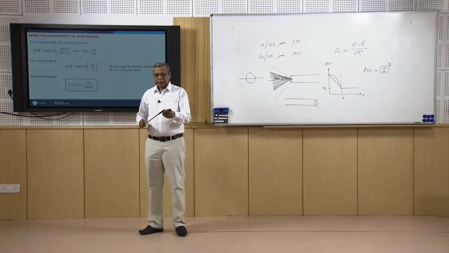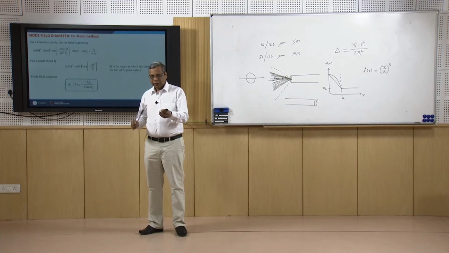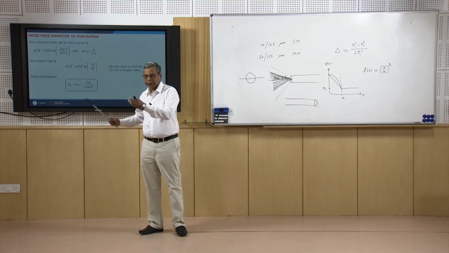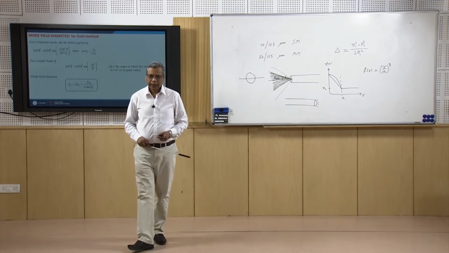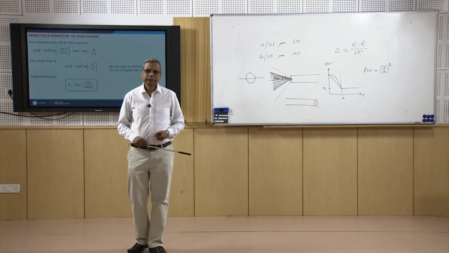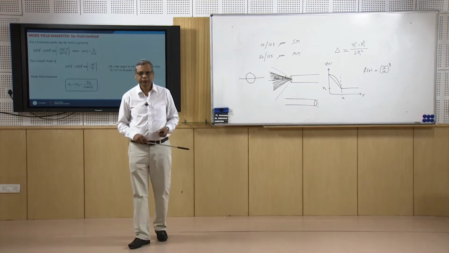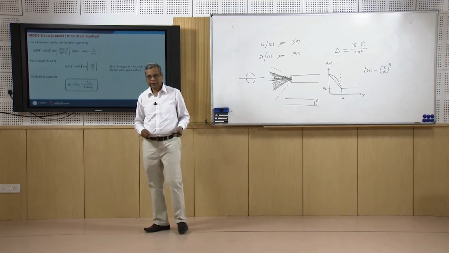So, when this Gaussian exits from the fiber end and propagates in free space, it is diffracted, and since it is a Gaussian mode, the diffraction of a Gaussian beam is another Gaussian.